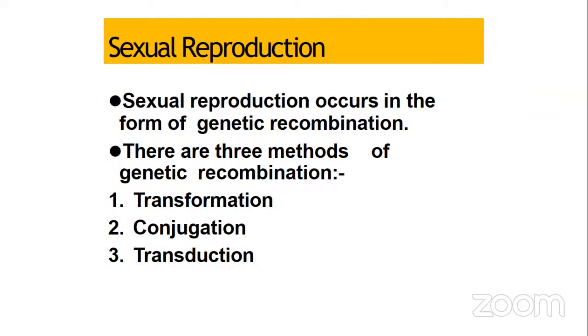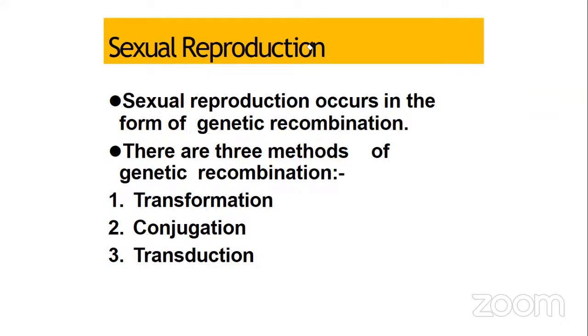That means there is no male gametangium, female gametangium, antheridium, or oogonium, and also no gametes. In bacteria, there is no male gamete formation or female gamete formation. Then how does sexual reproduction take place? Through cells. So here is another important concept of sexual reproduction.